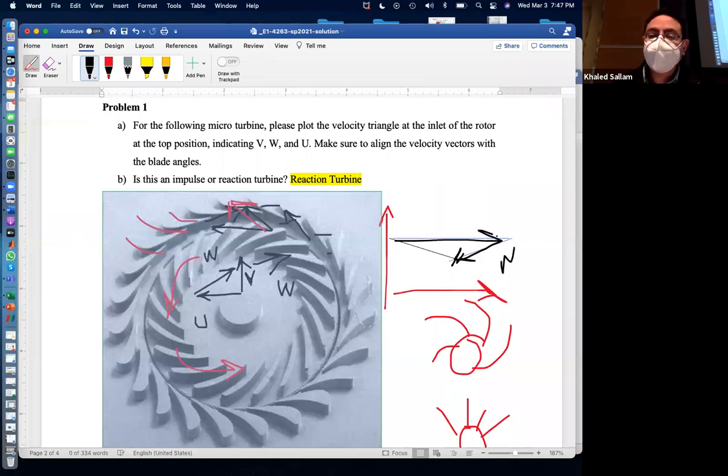So the U direction has to be horizontal. W, I told Andrew that when he is grading, W should be aligned with this passage. Why this passage? Because we are doing the top center. So in the top center, for a good design, W has to be like this. Okay?